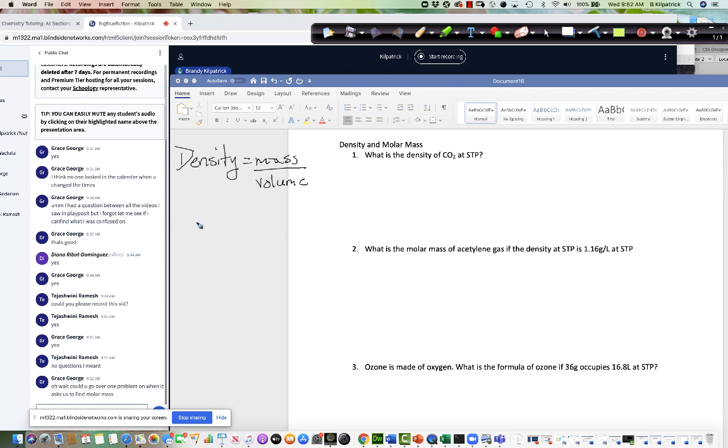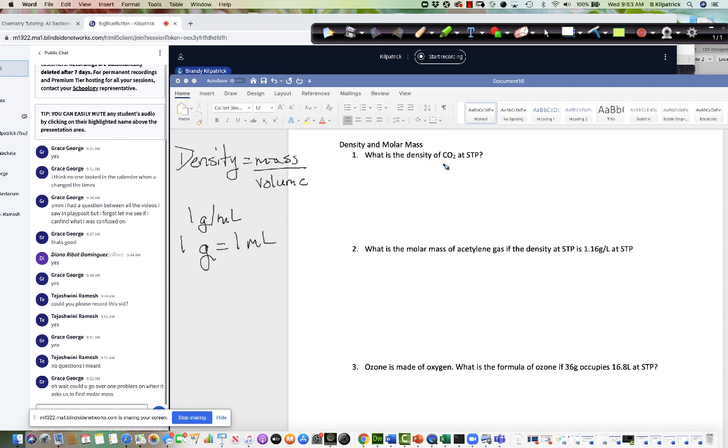So if I were to say my density is 1 gram per milliliter, what that tells me is that for every 1 gram, I have 1 milliliter. Same thing for molar mass. A molar mass is a gram to mole ratio. So if my molar mass is 40 grams per mole, there's 40 grams for every 1 mole.